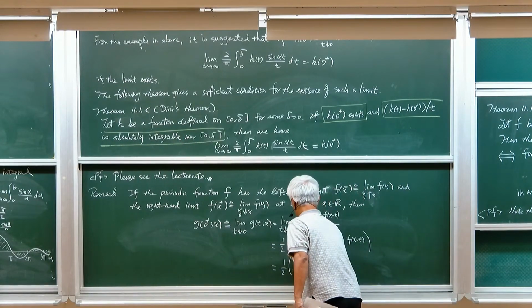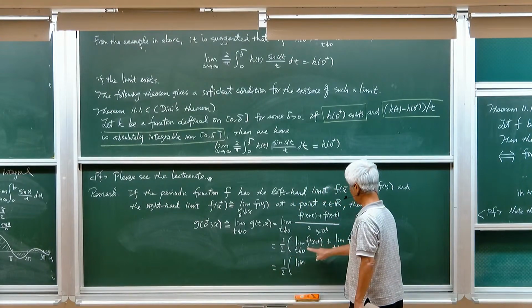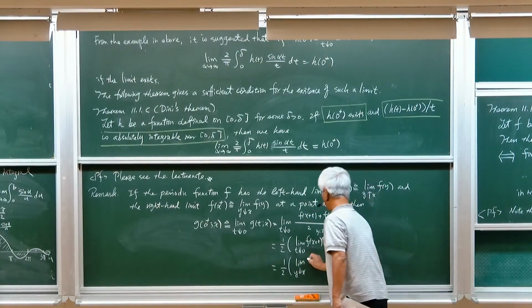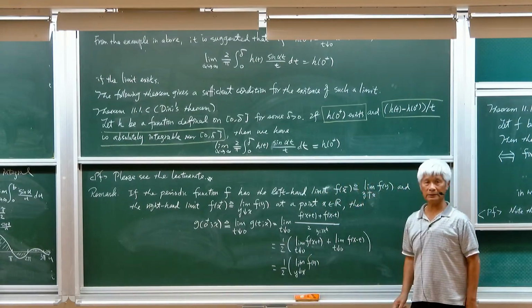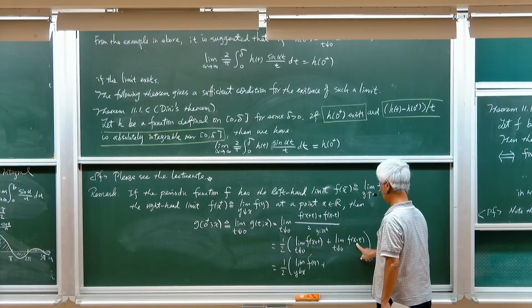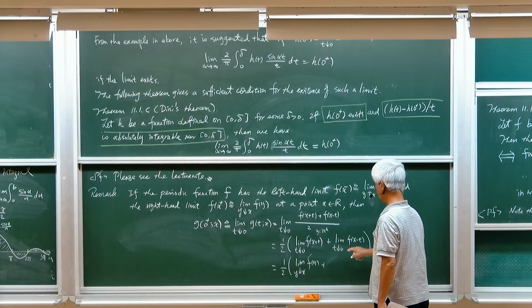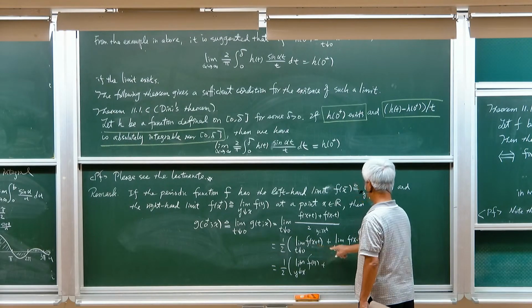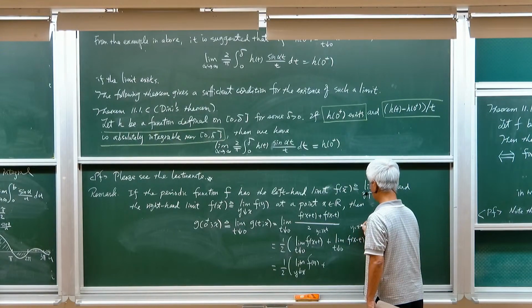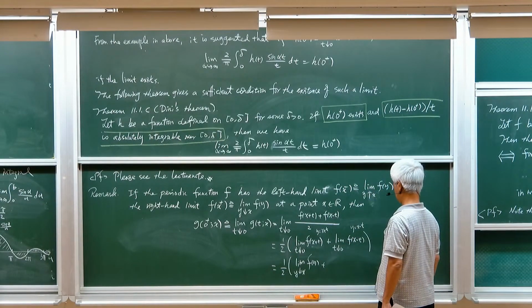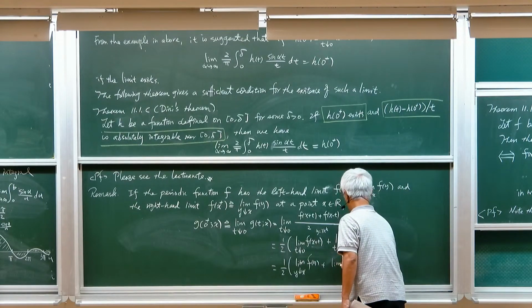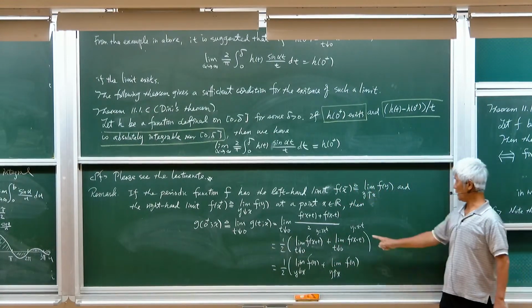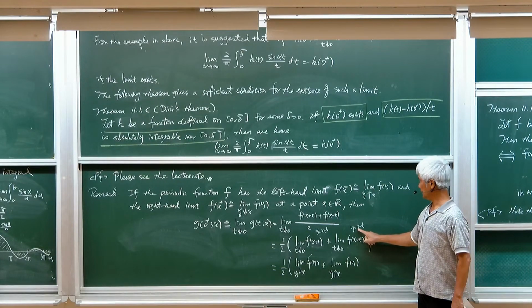When t goes down to 0, y will go down to x, and this is the limit of f of y. For the other term, y equals x minus t, so the limit of f of y as y goes up to x, because t is always positive and goes down to 0, so y is always less than x.